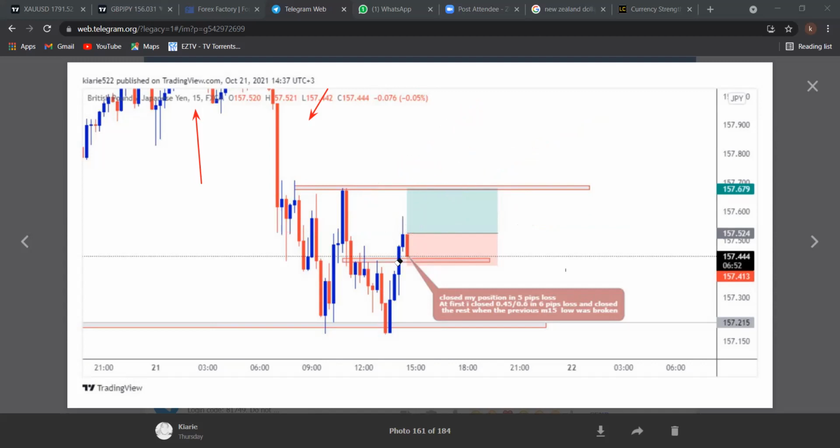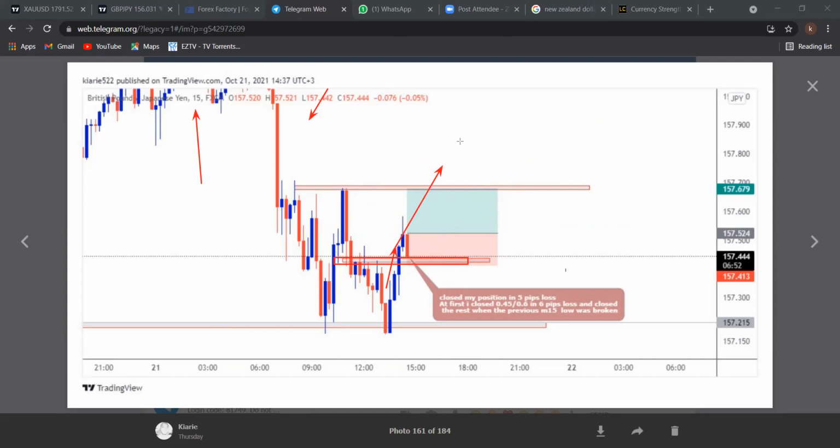Unajua mbona nilifanya hivyo? I saw to the left there was a minor resistance hapa. So ninge wait for candlestick to close above the resistance for price to continue moving up.